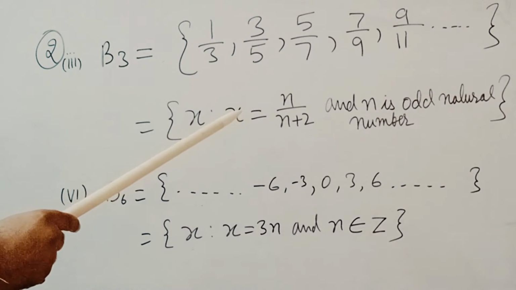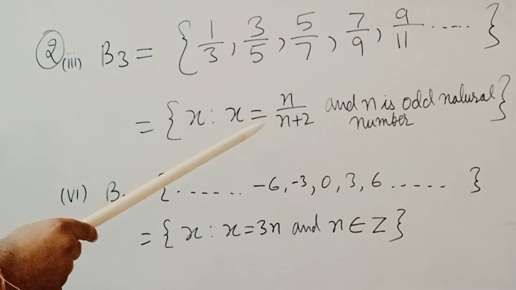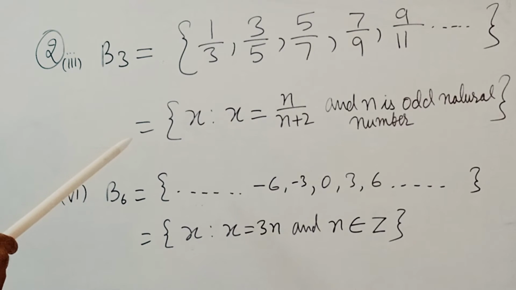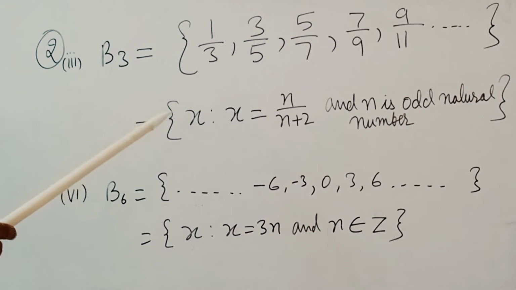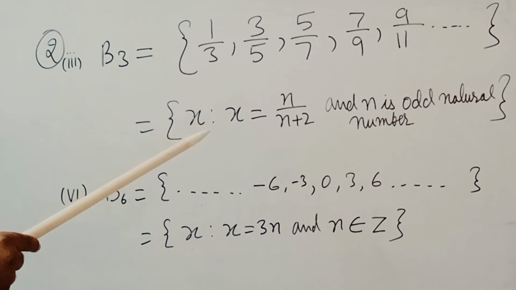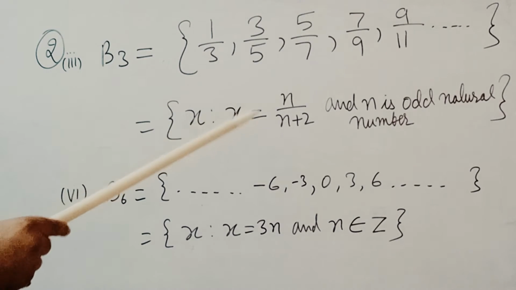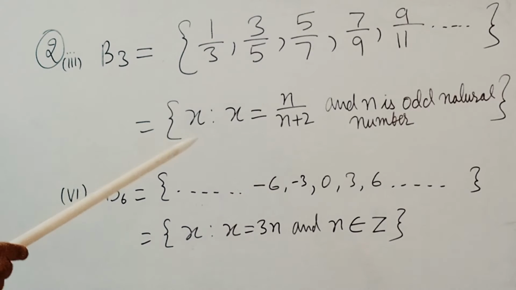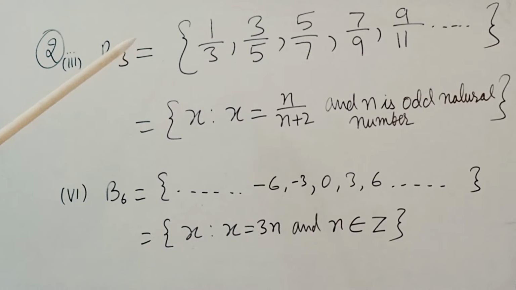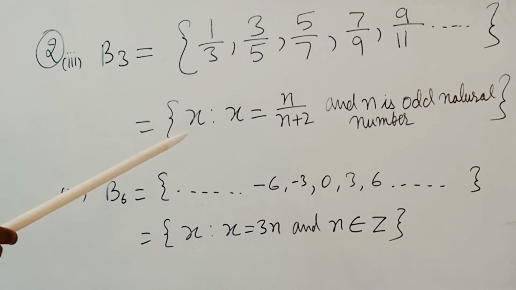So the other statement we get, n is an odd natural number. So we get B3 in set builder form: B3 equal to x such that x equal to n upon n plus 2, where n is an odd natural number. In that manner you will convert roster form to set builder form.